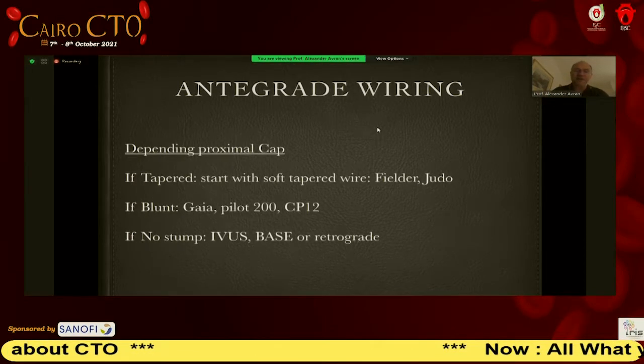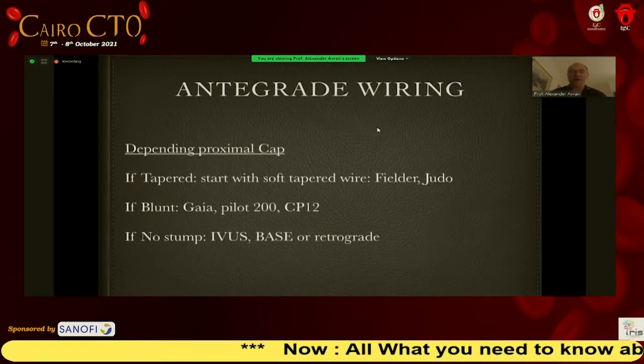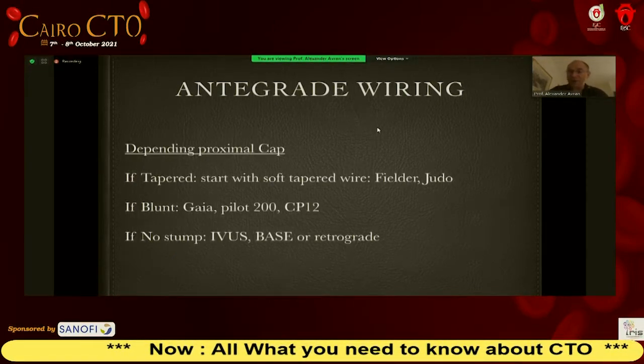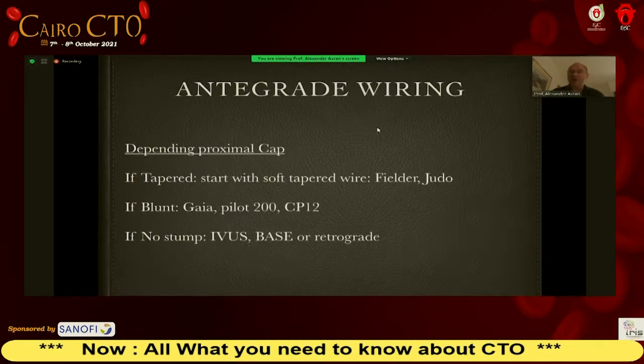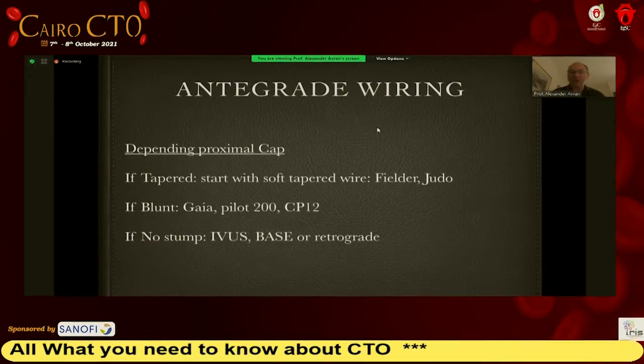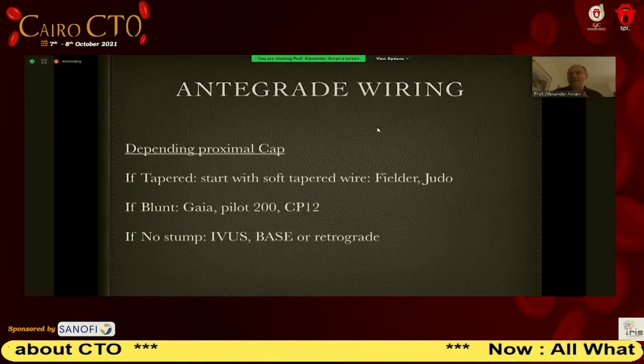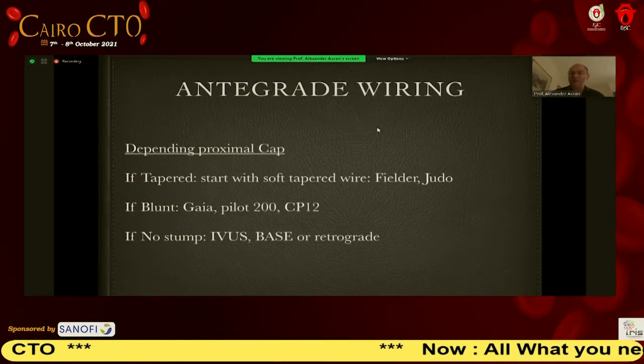If your proximal cap is blunt and seems to be a little bit calcified, my first choice for integrated wiring is the Gaia family, the Pilot 200, and if I really need a stiffer wire, it will be the CP12 or Net 40. If I have no stump, then I will maybe use IVUS to help me with an IVUS-guided puncture, or I will do a BASE technique just to move onto the proximal cap and get inside the subintimal space before my ambiguous proximal cap.